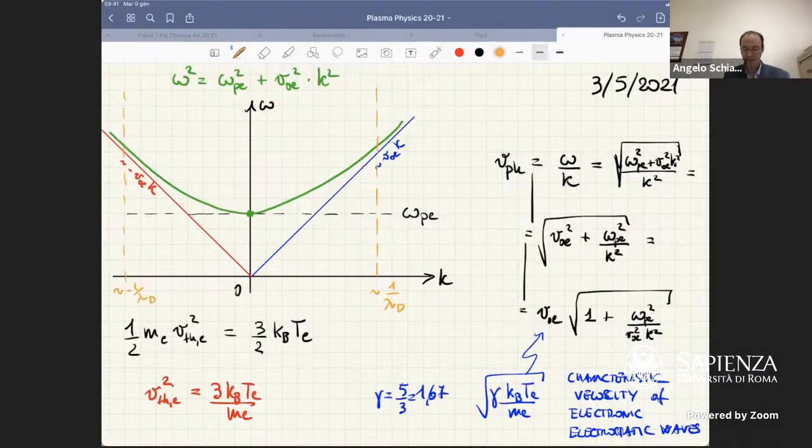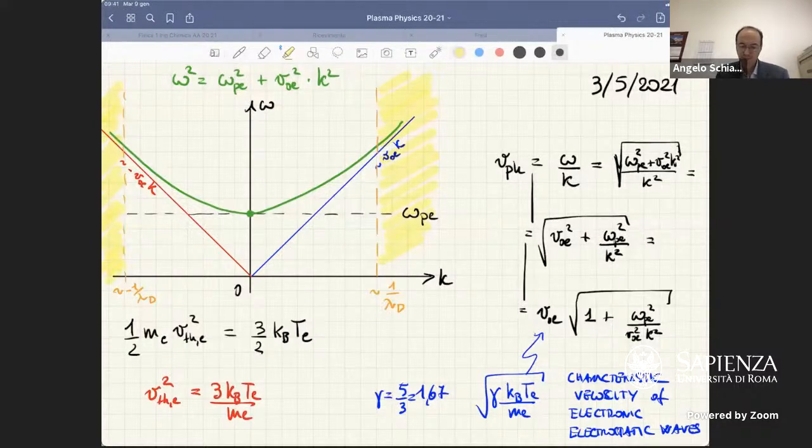So 1 over lambda Debye, and we can highlight this region here, and we see that beyond this point our derivation is shown to be not valid anymore.